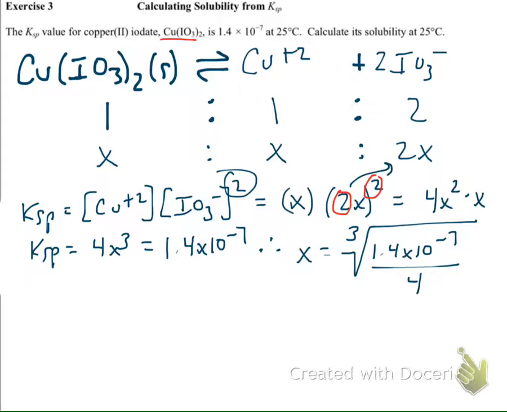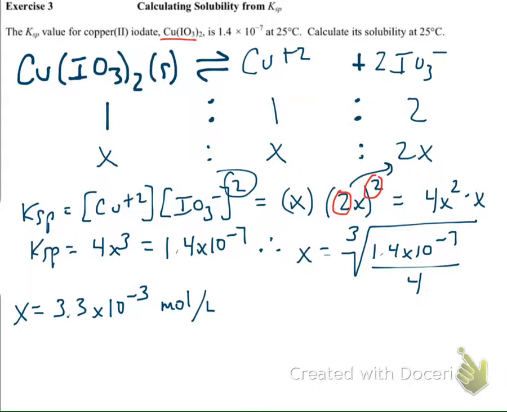Pause to give yourself a minute to calculate this if you need to. And we get a value of x equals 3.3 times 10 to the negative third moles per liter.